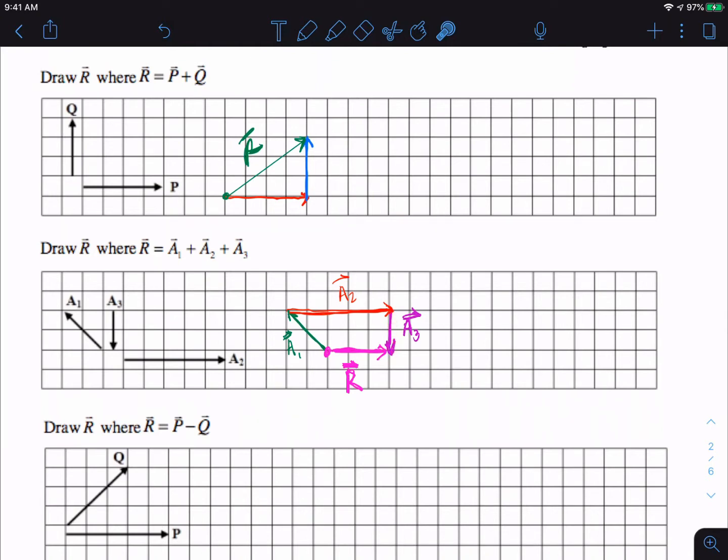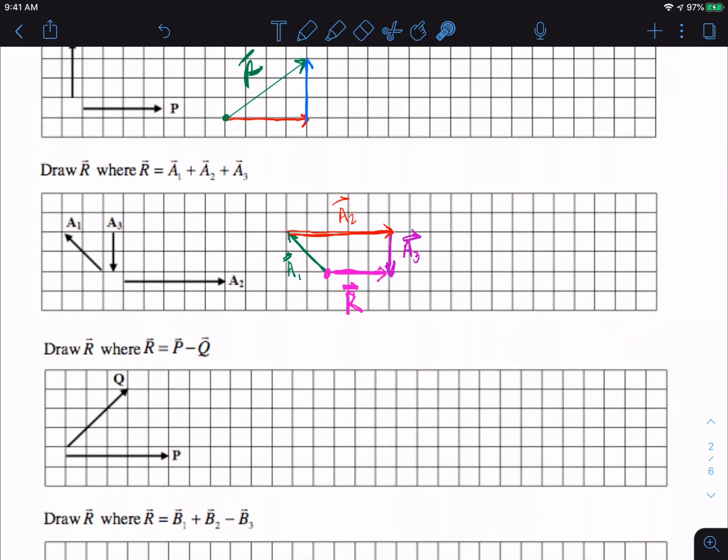Now, to get the resulting vector, it's from the tail of the very first vector to the head of the last vector. Does that make sense? Okay, cool. Thank you for asking the question, because it's one of those things where I think I'm doing it just fine, but getting someone to ask a clarifying question just makes it that much clearer for everybody. Okay, let's do the next one.